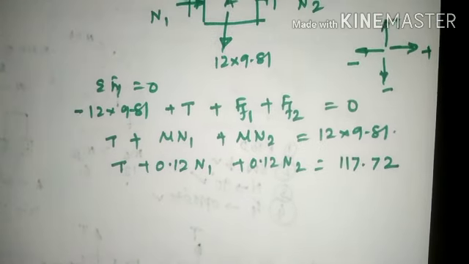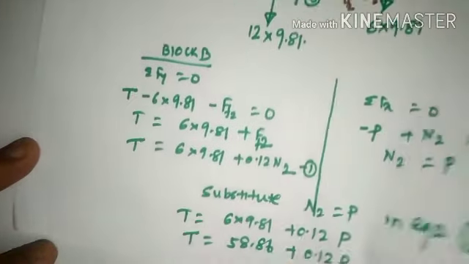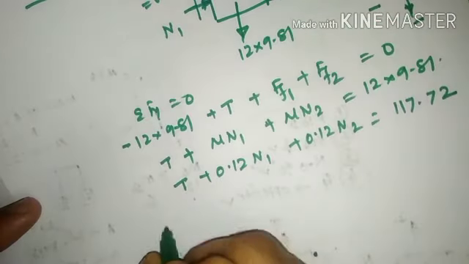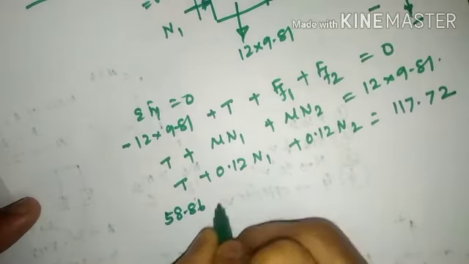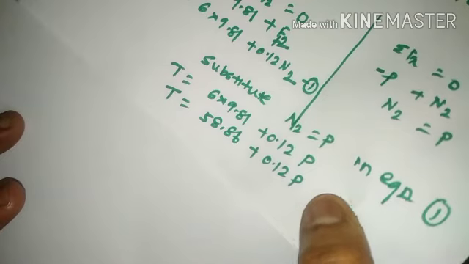Now T value is substituted. What is the value of T now? T value is 58.86 plus 0.12 times P. That is equation number 3.